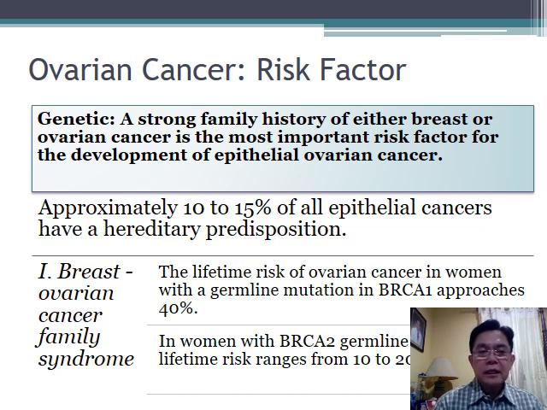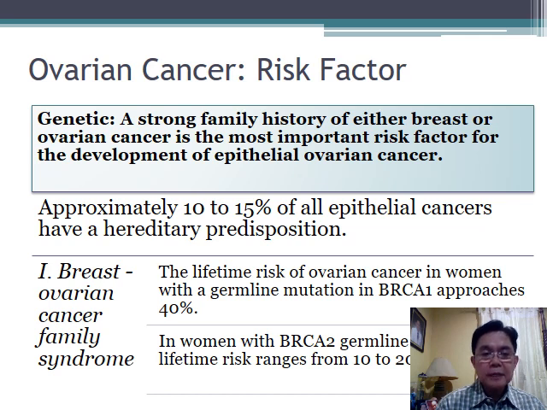Approximately 10 to 15% of all epithelial ovarian cancers have a hereditary predisposition. There are three types of hereditary predisposition for developing ovarian cancer.